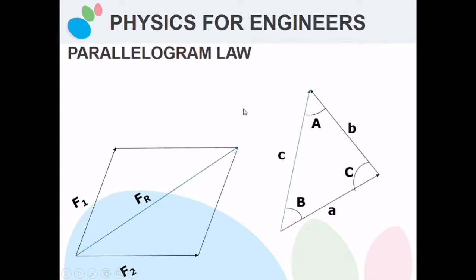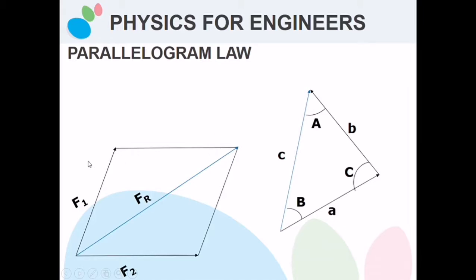Okay, so for example here we have a figure for the parallelogram law. We have two force vectors designated as F sub 1 and F sub 2, and the F sub R here is the resultant vector.